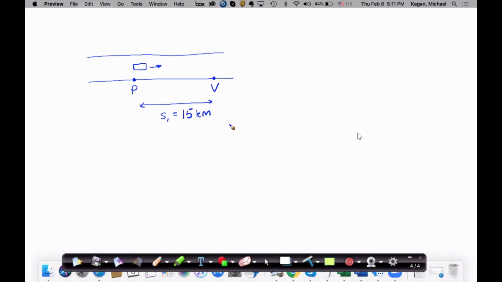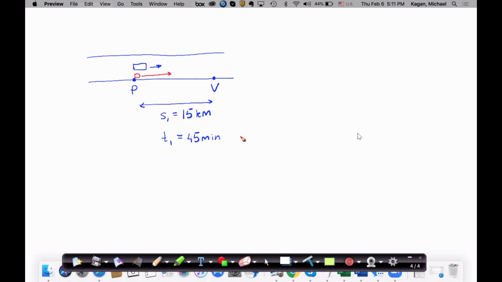And this is, say, S1, 15 kilometers. The motorboat reaches its destination after 45 minutes. So it's a faster thing.